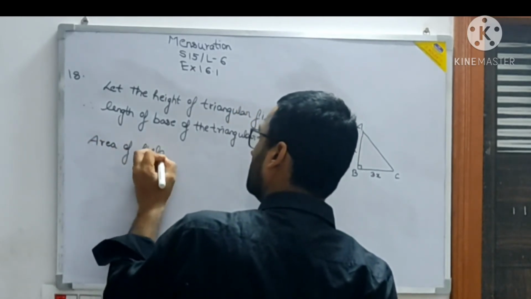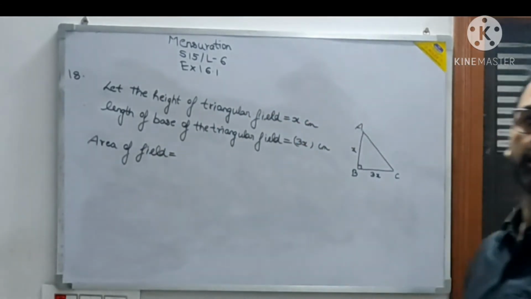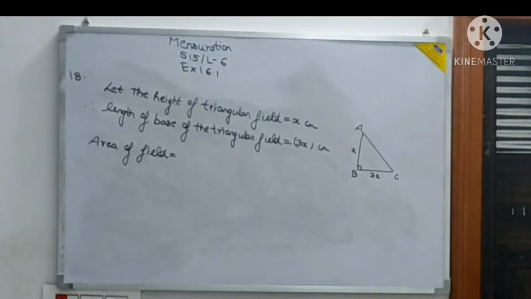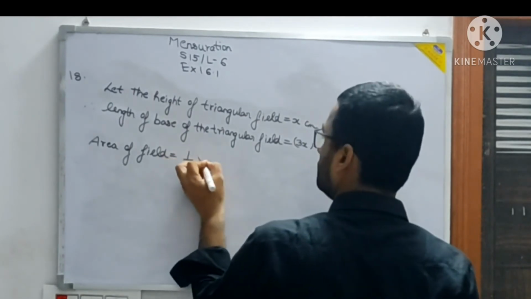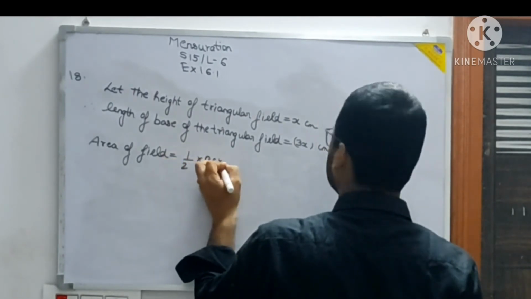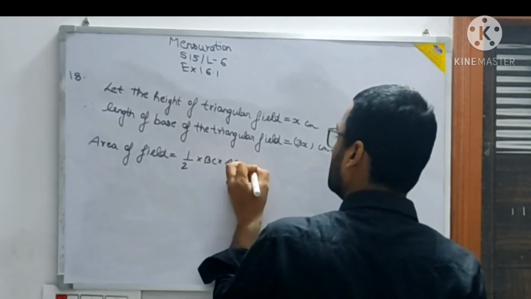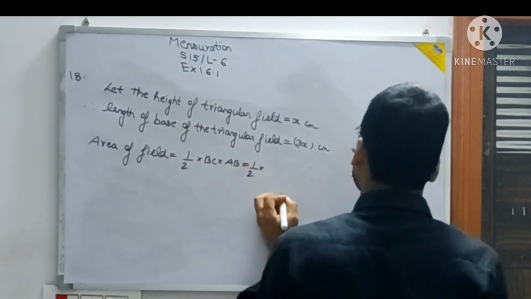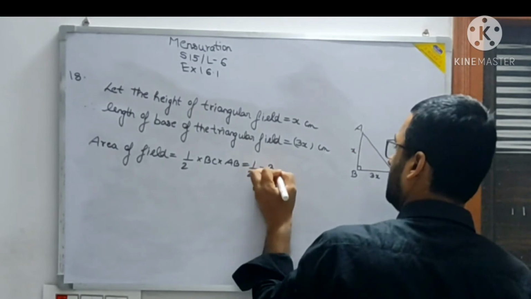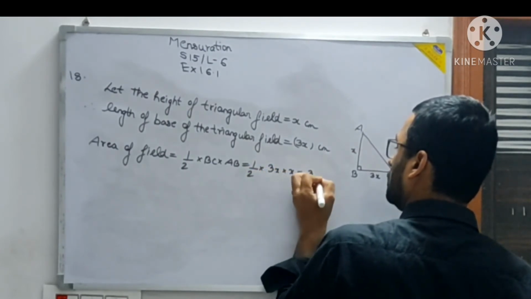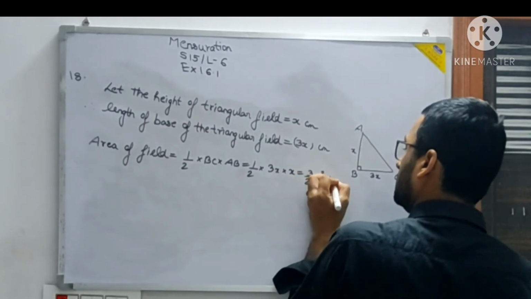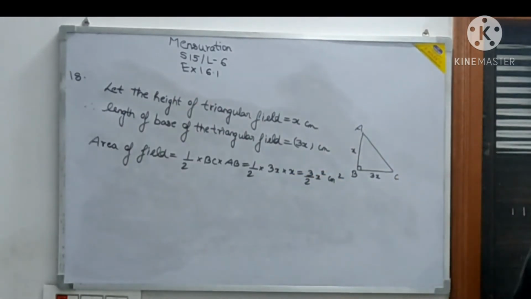Now here we have to assume that this field is a right angle triangle in shape. So it is equal to half into BC into AB, which is half into 3x into x, that means 3 by 2 x square centimeter square.